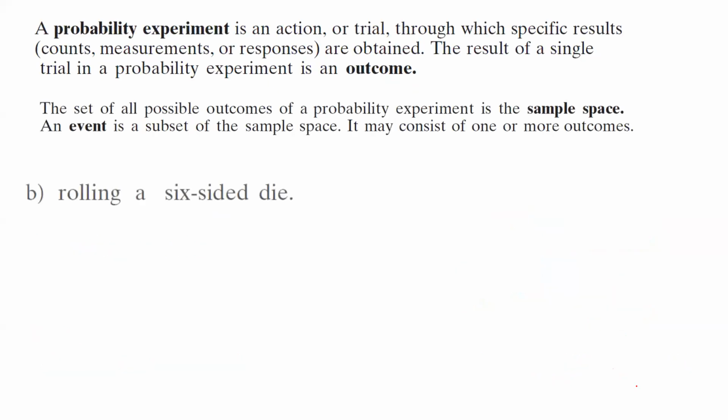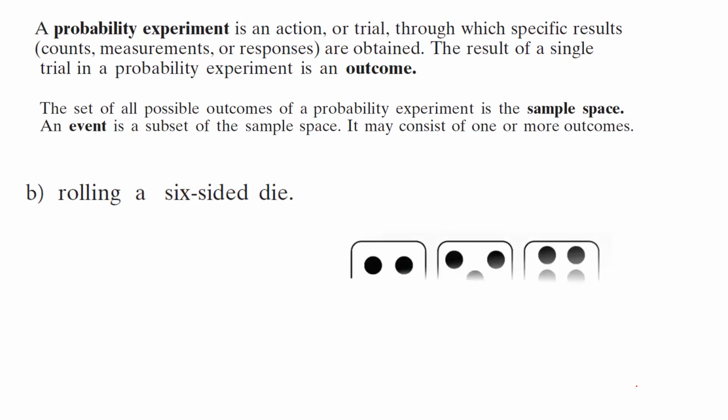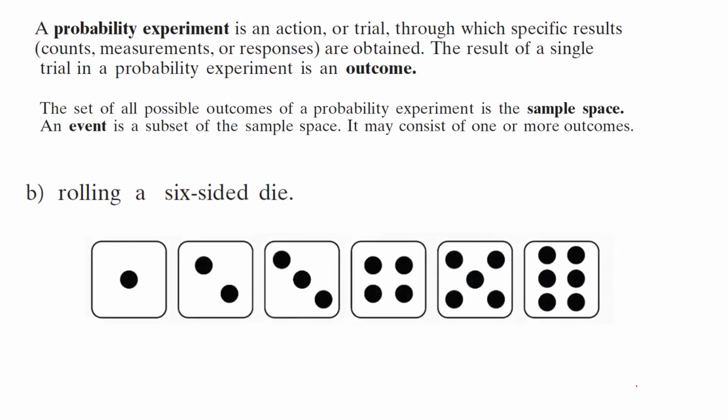Another simple experiment is rolling a 6-sided die. If you roll a 6-sided die, what are the possible outcomes? When you roll a die, you might end up with 1 or 2 or 3 or 4 or 5 or 6. So you can count the number of possible outcomes.